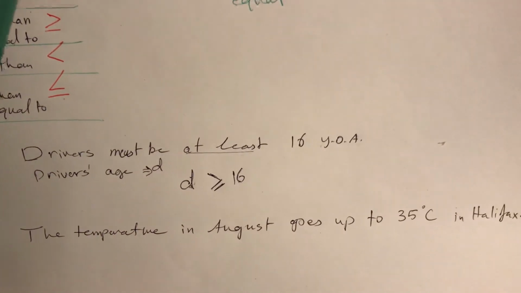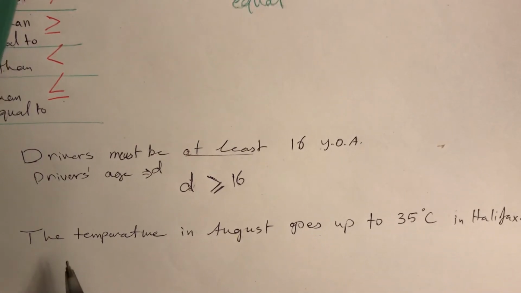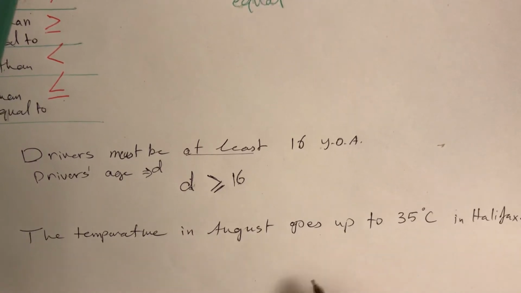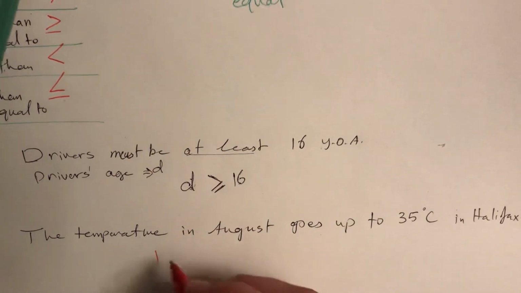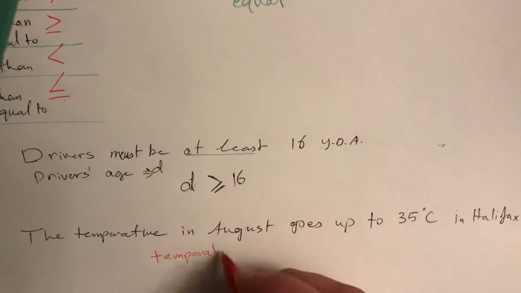Here is an example that I came up with, thinking of warmer weather. The temperature in August goes up to 35 degrees Celsius. In this example, let's say temperature, you don't have to say in August or whatever.